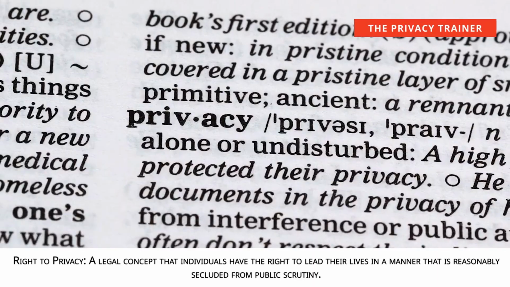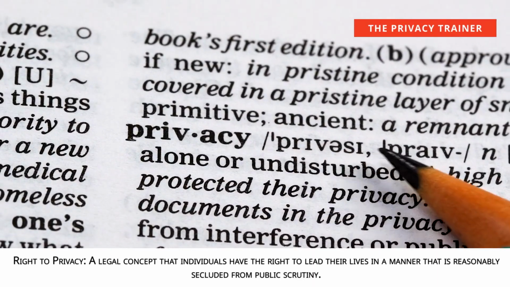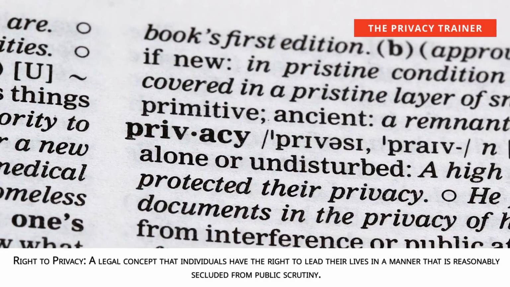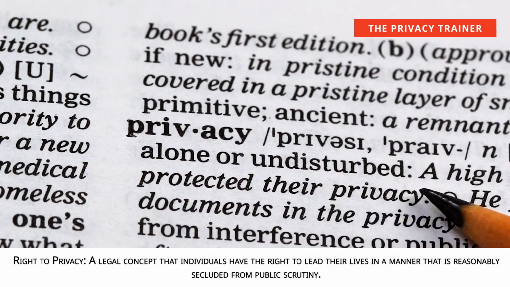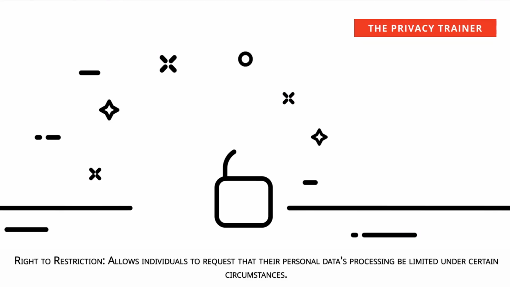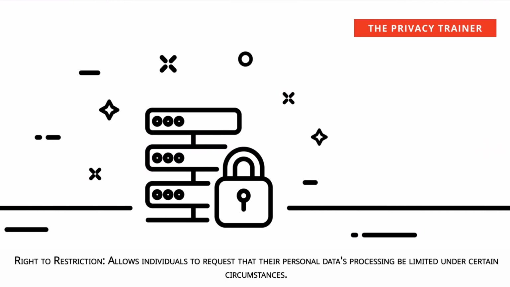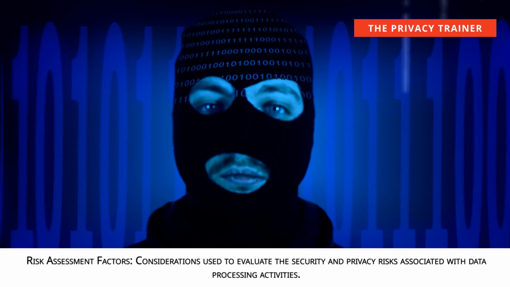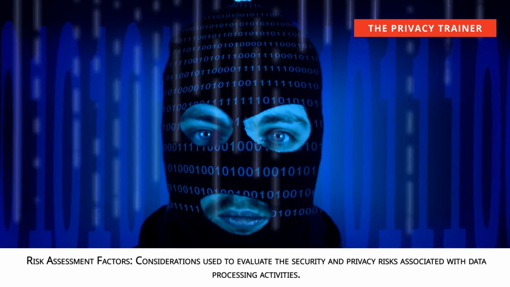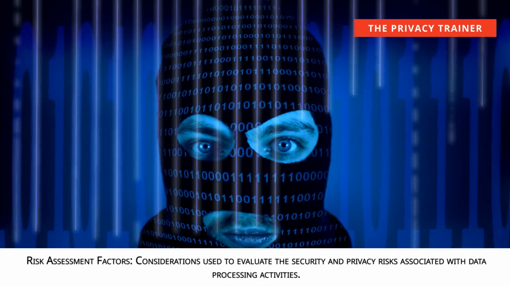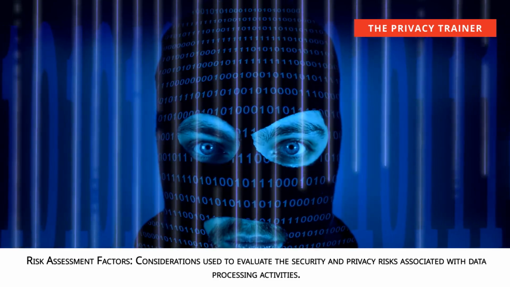Right to privacy, a legal concept that individuals have the right to lead their lives in a manner that is reasonably secluded from public scrutiny. Right to restriction, allows individuals to request that their personal data's processing be limited under certain circumstances. Risk assessment factors, considerations used to evaluate the security and privacy risks associated with data processing activities.